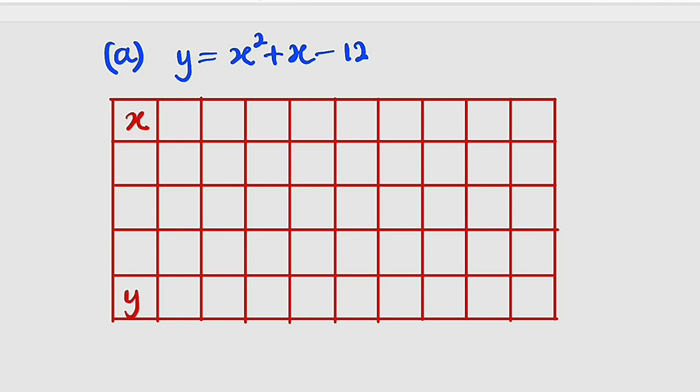Remember, the limit of x is already given from -4 to 4, so we have -3, -2, -1, 0, 1, 2, 3. This is already given. Then you need to fill out these 3 terms: x squared, then x, then -12. You should know that -12 is a constant, so we fill it all across.